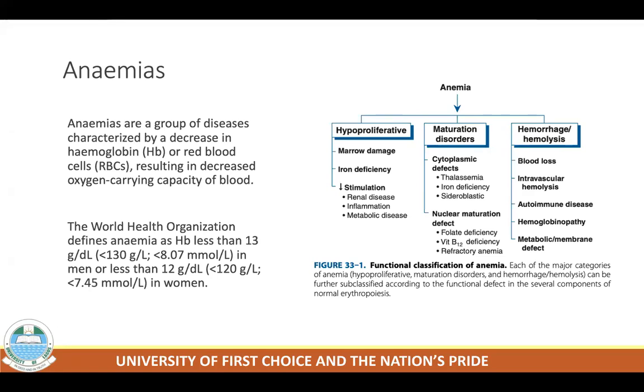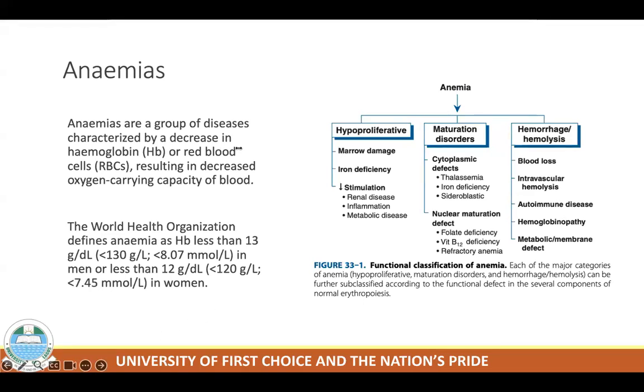And then for women, less than 12 grams per dL, less than 120 grams per liter, or less than 7.45 millimoles per liter. I'm going to talk about the symptoms real soon.